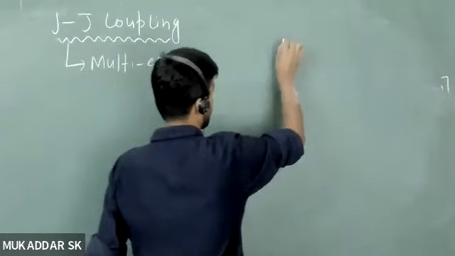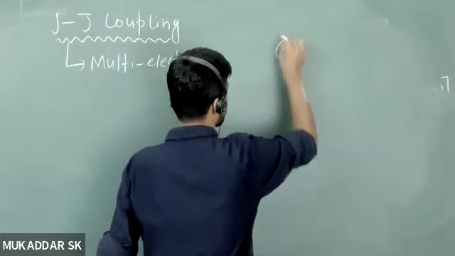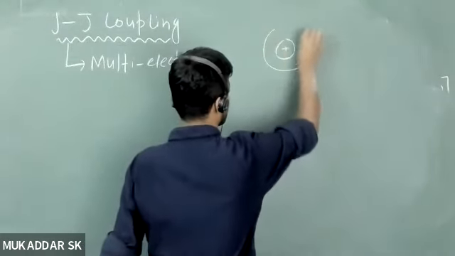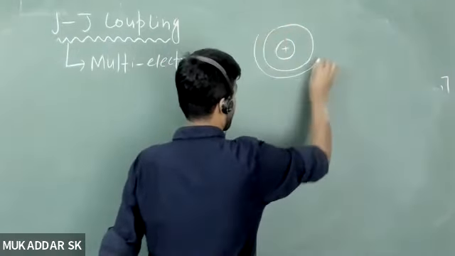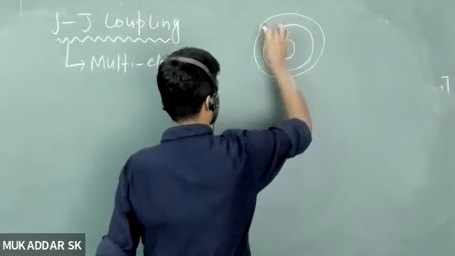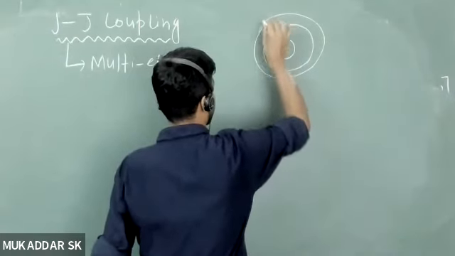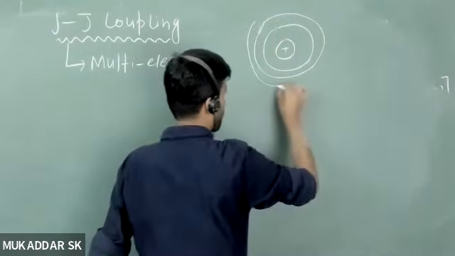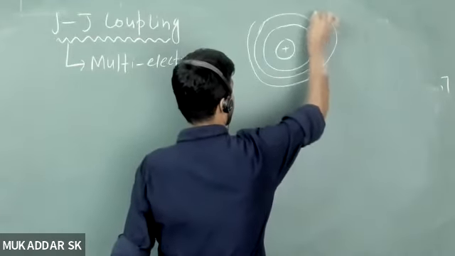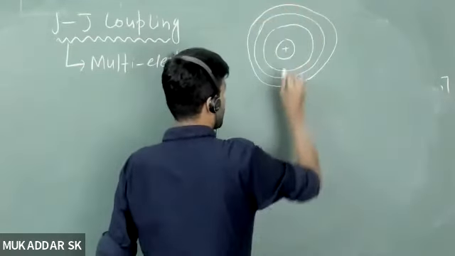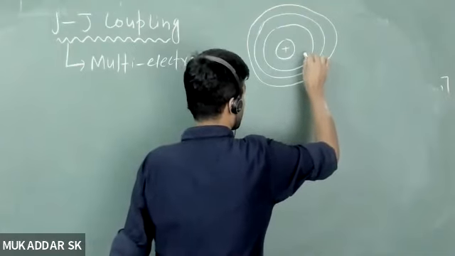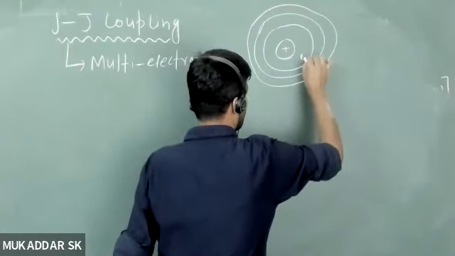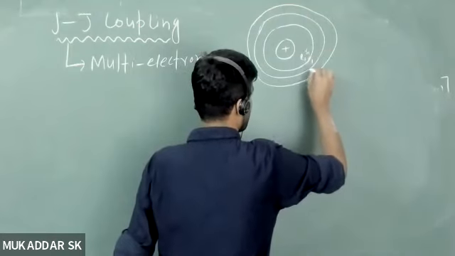Again I will draw an atomic level. Suppose this is your nucleus and this is your electronic orbit. This is your electron number 1. It has orbital angular momentum L1 and spin angular momentum S1.